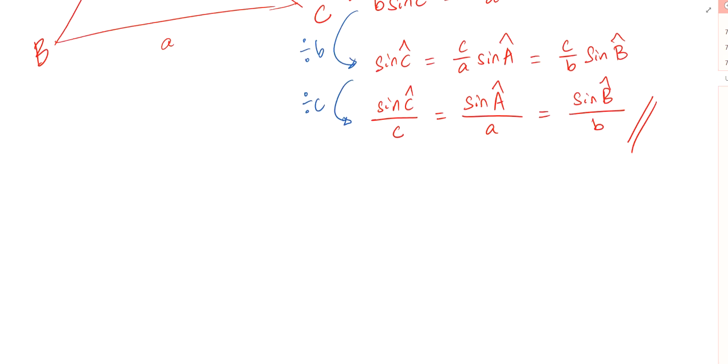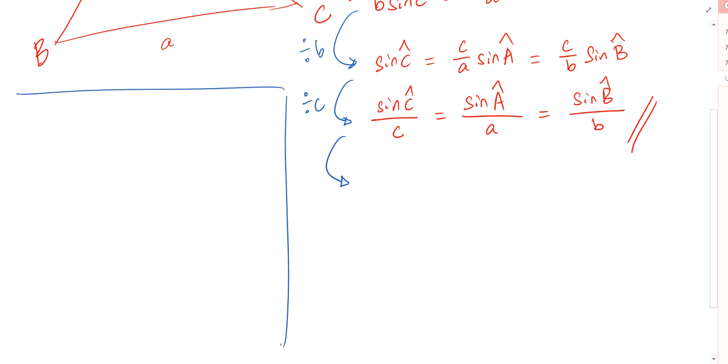Okay, from here, do you understand what reciprocal means? Okay, let me just do it quickly. Reciprocal of x is 1 over x. Reciprocal means you just take 1 over whatever that is. So reciprocal of A is 1 over A. Reciprocal of AB is 1 over AB.